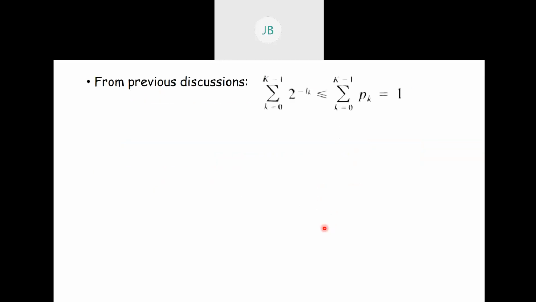From the previous discussions, we have seen that the summation of 2 power minus lk is less than or equal to 1, and we then replace 2 power minus lk by probability. That's what we have written here.